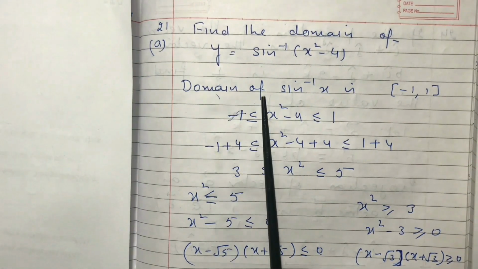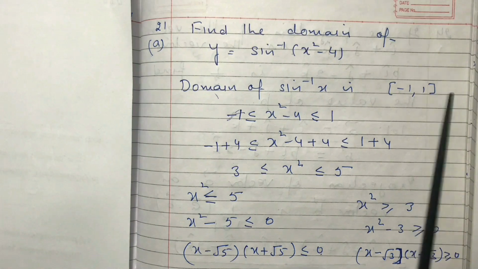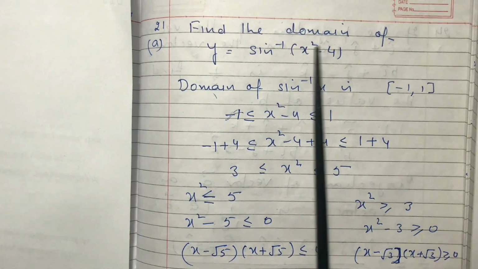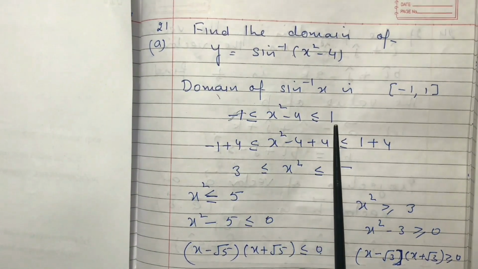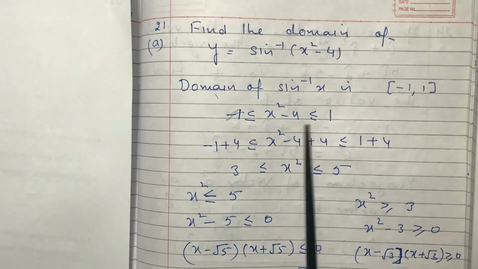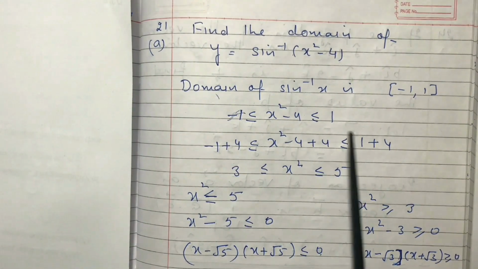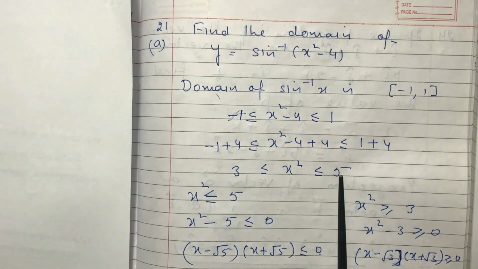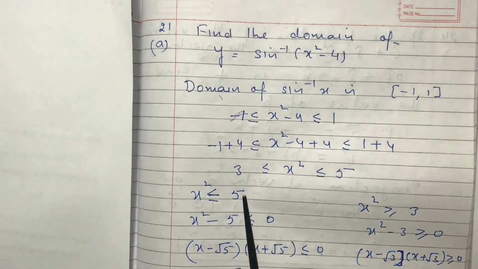Now the domain of sine inverse x is from minus 1 to 1. And it means x lies between minus 1 to 1. Here it is x square minus 4. So this lies between minus 1 to 1. Now add 4. So minus 1 plus 4, x square minus 4 plus 4, 1 plus 4. It means x square lies between 3 to 5. So x square less than equal to 5, I have written here.